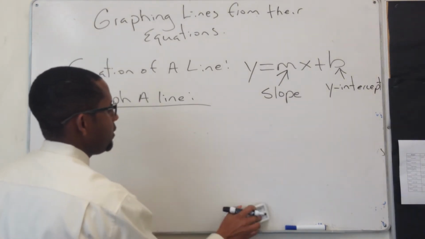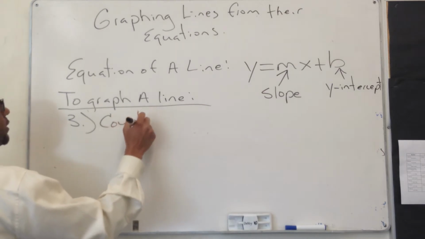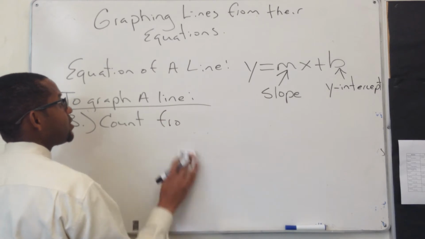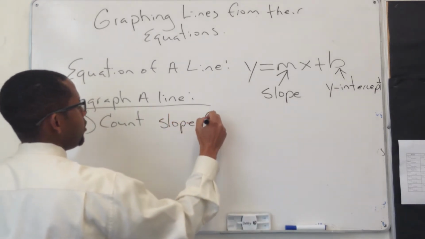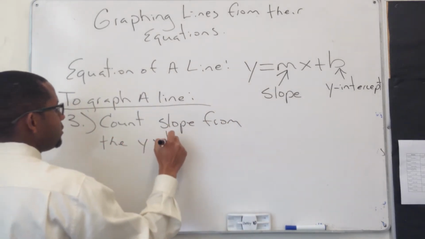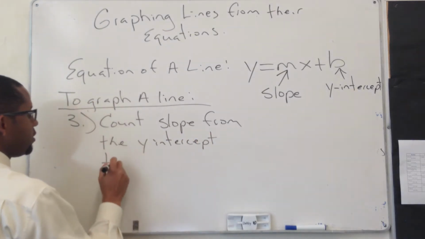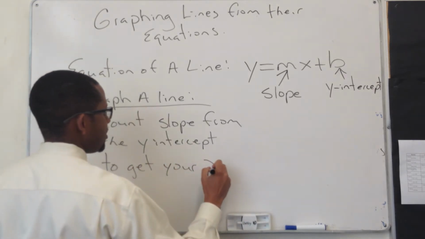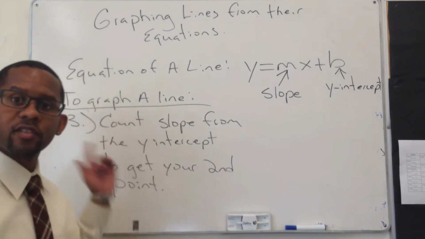And then third, what you need to do is count slope from the y-intercept to get your second point. This is what you need to do.